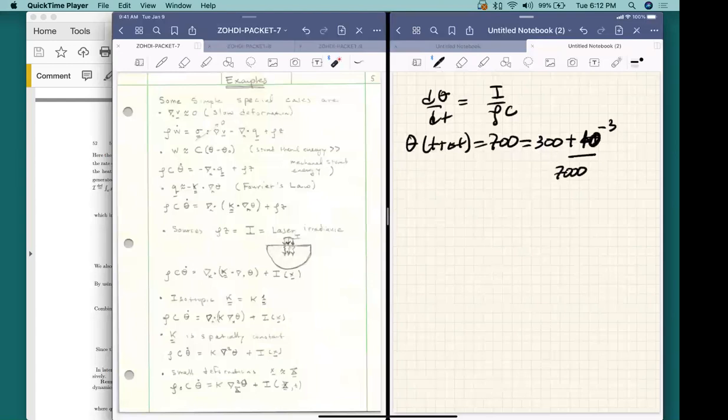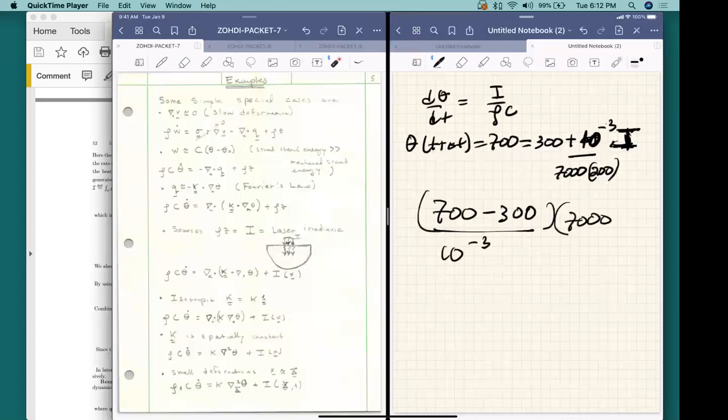Let's suppose it's 200, some number like that. That's fine too. And then I have delta T, which is given, and I have I. So I can now back out this number here, which is the one I'm after. I take 700 minus 300, divide by 10 to the minus 3, multiply by 7,000, multiply times 200, and immediately I can tell you what the laser's irradiance is.